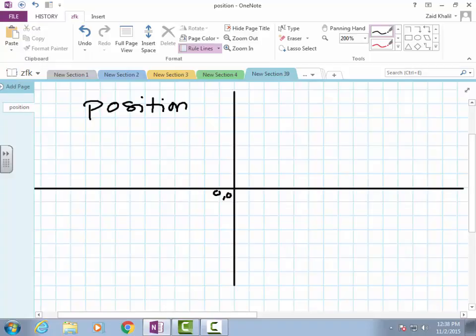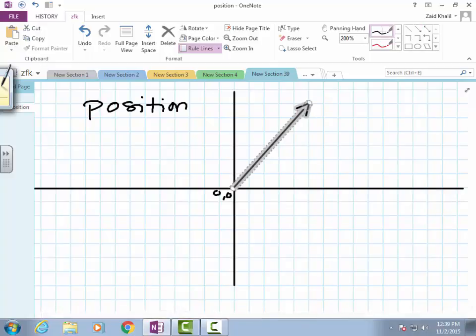What is the position of an object? It is a vector that extends from the origin to some point in space. So this is the position vector.